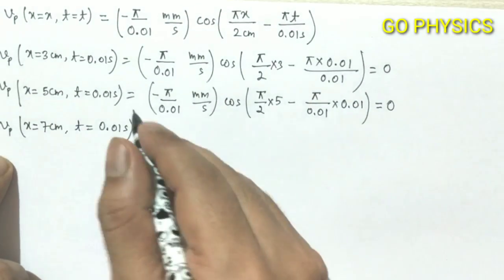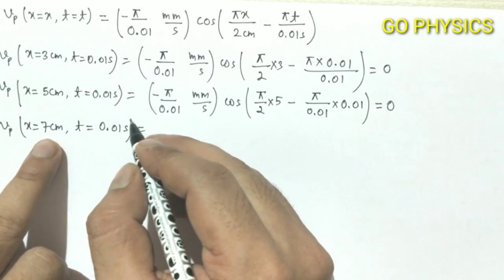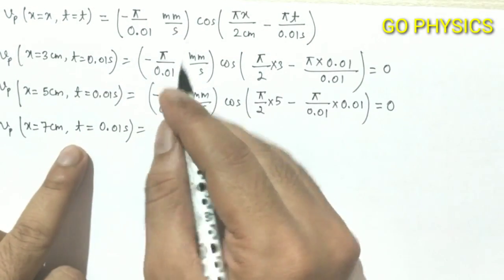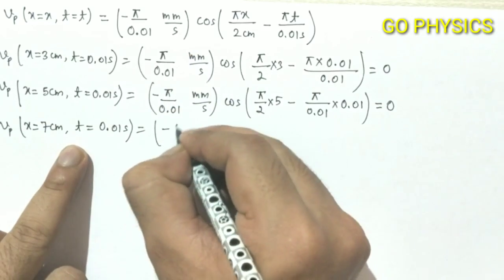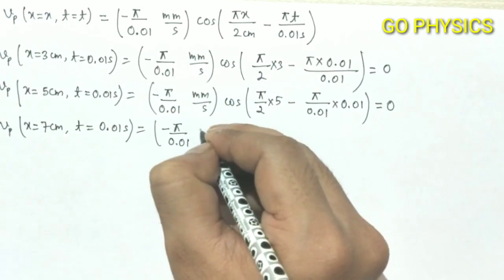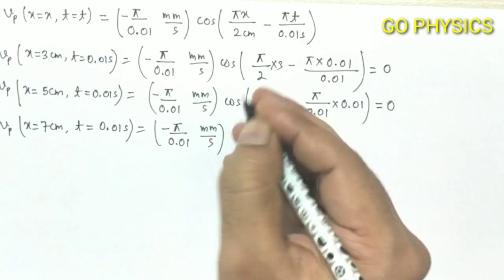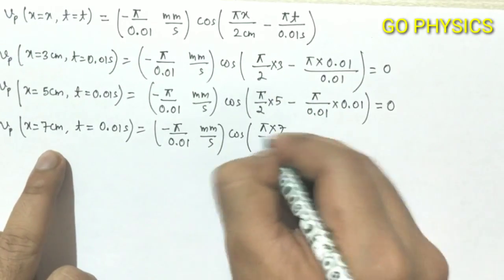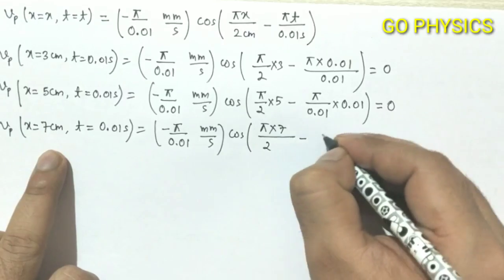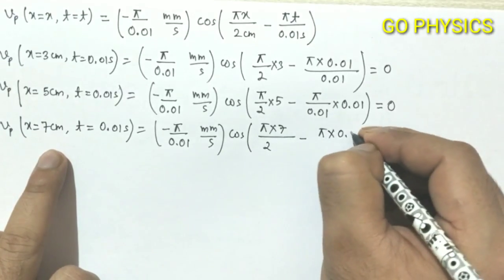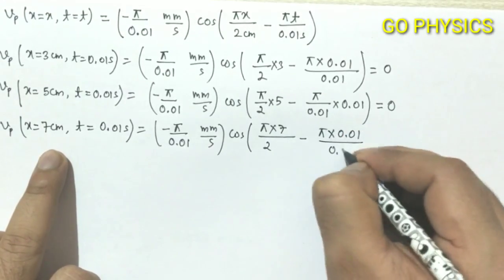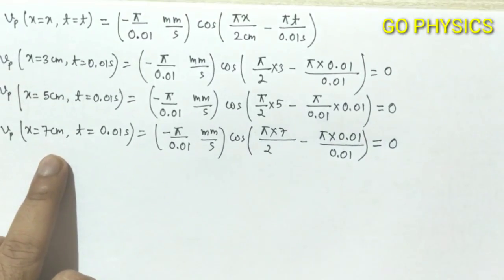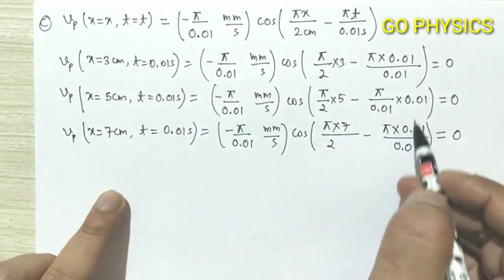Now see for the particle at x equal to 7 centimeter and time equal to 0.01 second. Substitute these values in the general equation: minus pi by 0.01 millimeter per second cos pi into 7 by 2 minus pi into 0.01 by 0.01. If we simplify this, it will give us 0. So all these particles will have 0 speed.